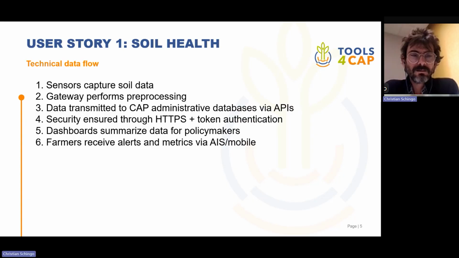Security is ensured through HTTPS plus token authorization. Then the Farm Management Information System dashboard summarizes data for policymakers. And the other way around, the farmer receives alerts and metrics via API and mobile.